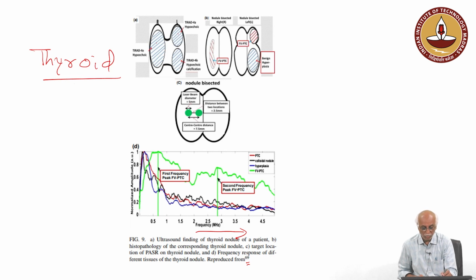But in case of carcinogenic tissue, so basically the thyroid gland with carcinogenic or malignant tissue, the characteristic is slightly different, as shown by the red color, the frequency spectrum of that signal, or the green color. So, normal tissue and some tissue structures can be distinguished using this approach.